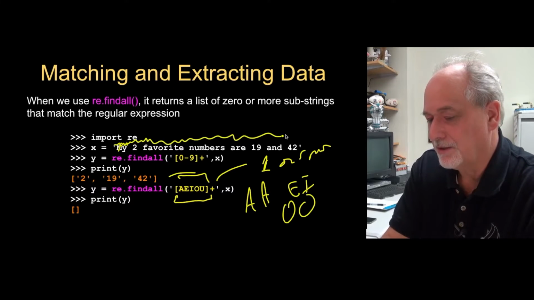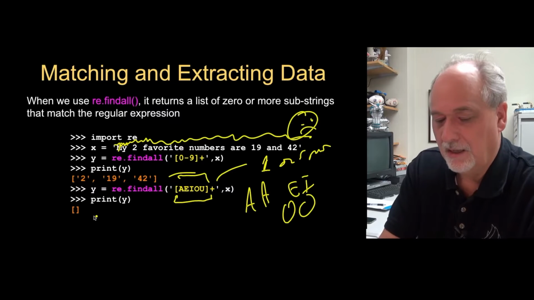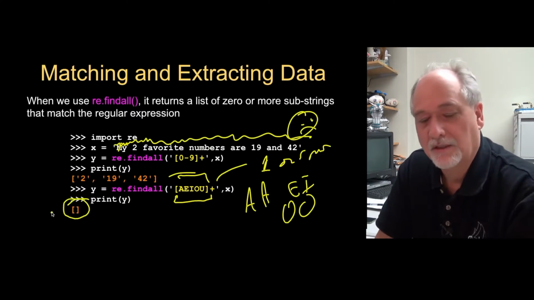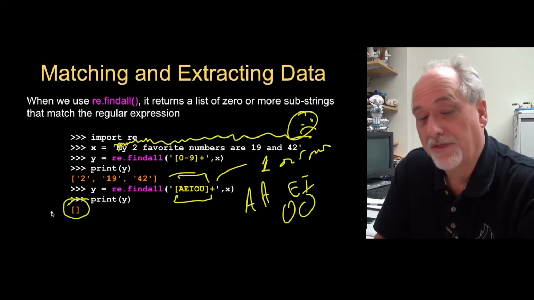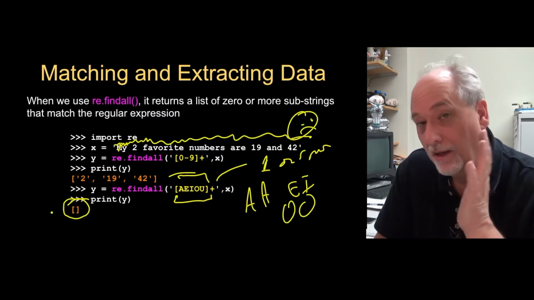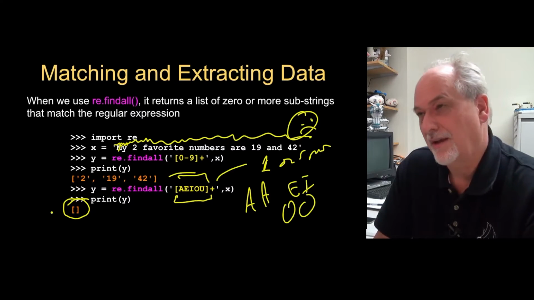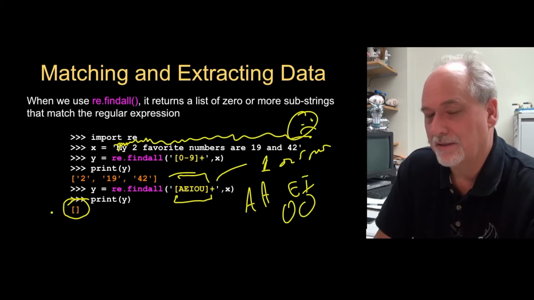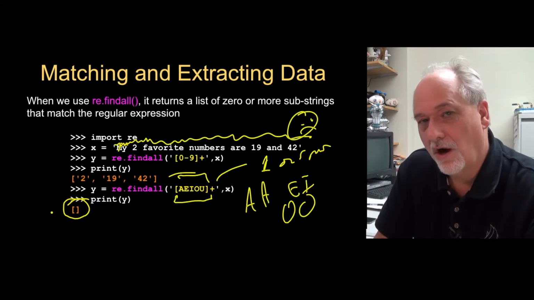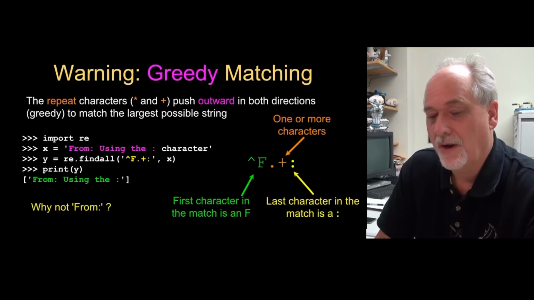It found nothing, and so it gives us back an empty list. Find all the things that match this, and the answer is none matched. Here's your list of nothing. So you have to check even if you got something, because it's not going to return you False. It returns you a list with no items in it.